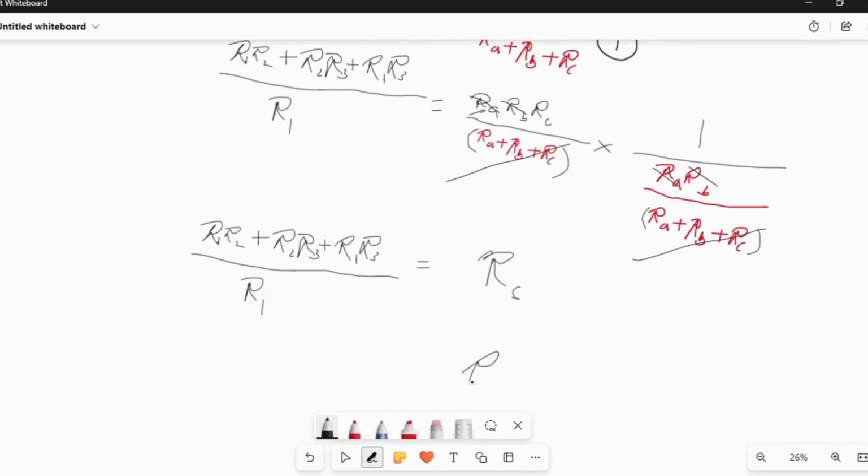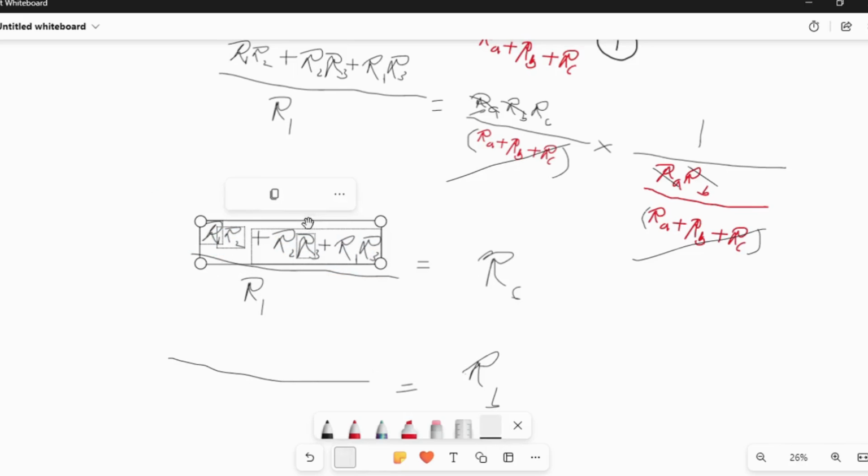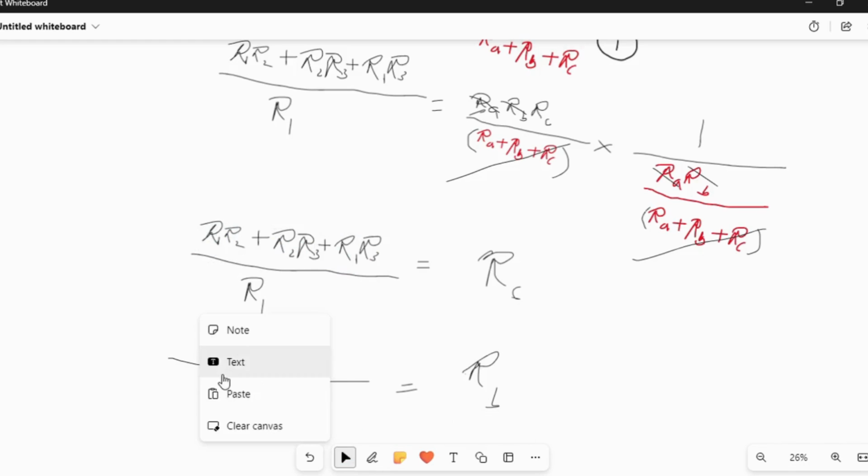Then RB can be written as this product sum divided by, so what is the resistor? Here, in order to find RC, we divided the product sum, which is a constant, by R1.